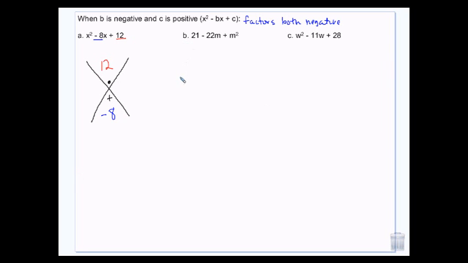So I want two numbers that when I multiply them, I get 12, and when I add them, I get negative 8. So let's start thinking about things that multiply to make 12. Yeah, negative 2 and negative 6. So negative 2 times negative 6 is positive 12. Negative 2 plus negative 6 is negative 8. So, yeah, this one is an actual X. Okay, so that works.